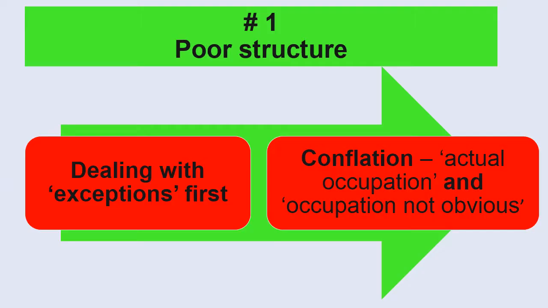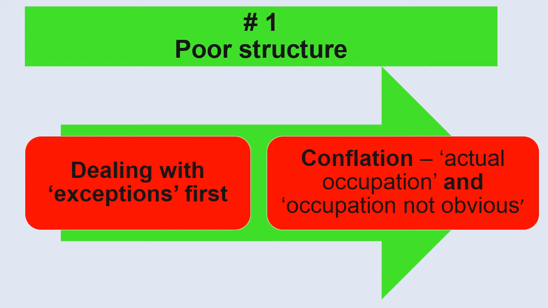So here's the first problem, and it's poor structure. Now, if you adopt the IRAC method, then your answer should follow a clear and logical structure. And I would encourage you to use this method for all problem-based law questions. But there are a couple of errors that students make which are specific to Schedule 3, Paragraph 2.